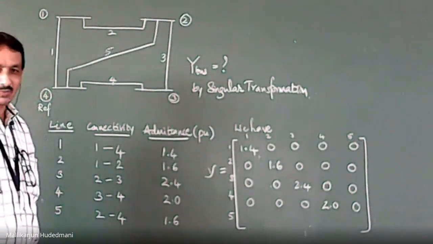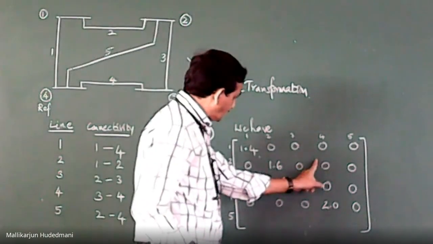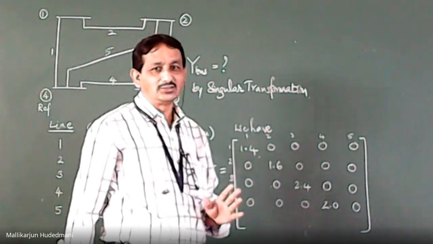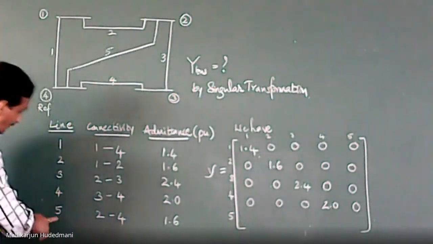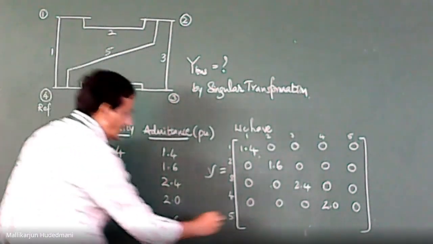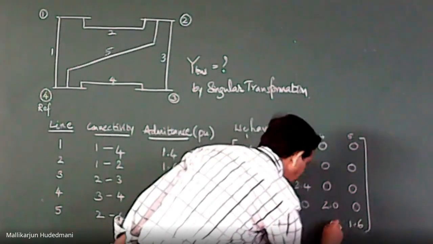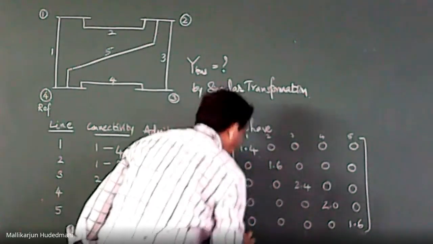If there is a mutual coupling, other than the diagonal, a few of the elements in the upper triangle and lower triangle of the representation will surely be non-zero. Therefore, I should take element number 5 with the data 1.6 in the 5 cross 5 position, which is 1.6. Rest all are 0 without fail because this is a non-coupled case.